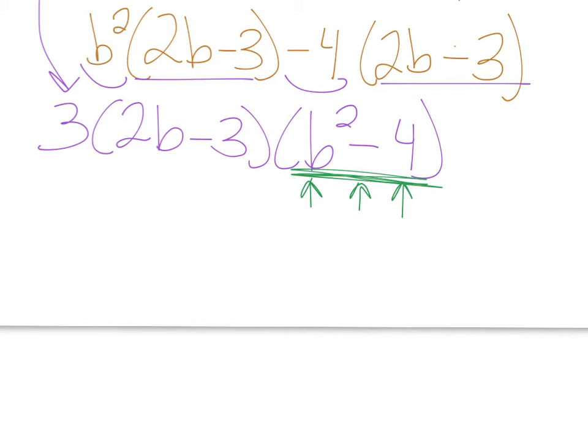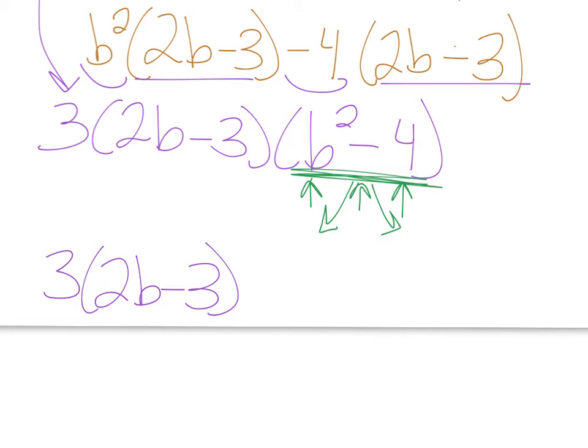They always need to be perfect squareds, even though technically you can deal with them without, but that's what we're looking for, and it has to be a minus sign. This is something called conjugates, and it can be broken up. Okay, so we're going to bring down our 3, we're going to bring down our 2b minus 3, and then this is going to split into 2 pieces, and one's going to be plus and one's going to be minus, and then you're going to square root both of these.